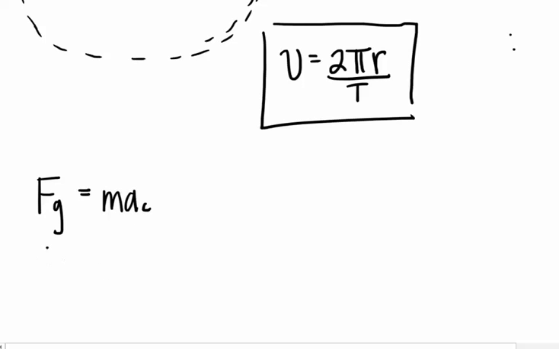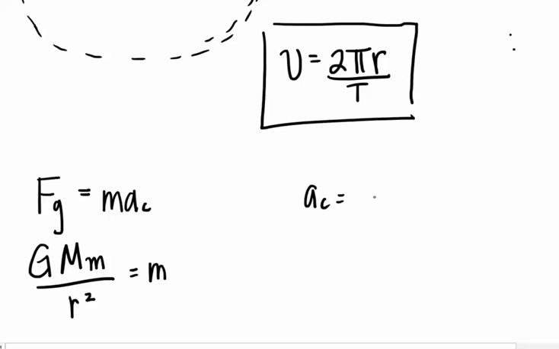Your gravitational force, that's G, mass of the planet, mass of the moon, over R squared, would be equal to mass of the moon times a_c. What was a_c? The center-seeking acceleration, which was v squared over r. Does that ring a bell? Yep. So v squared over r there.